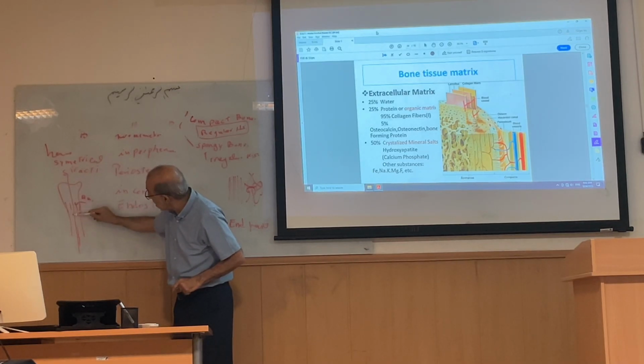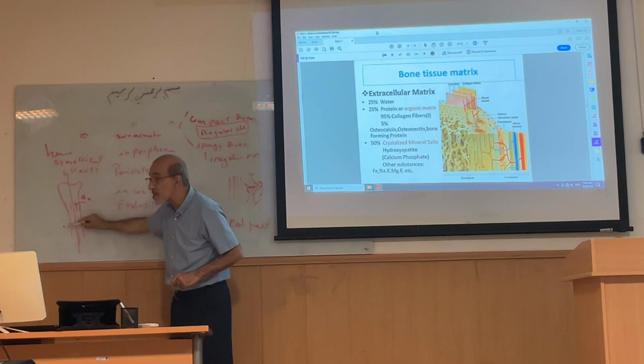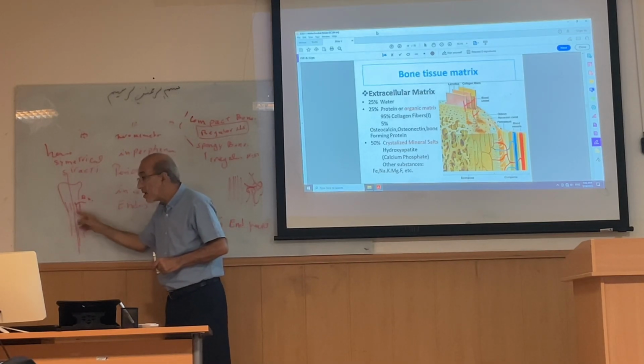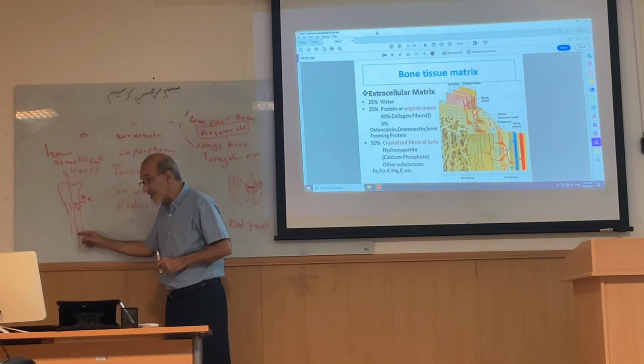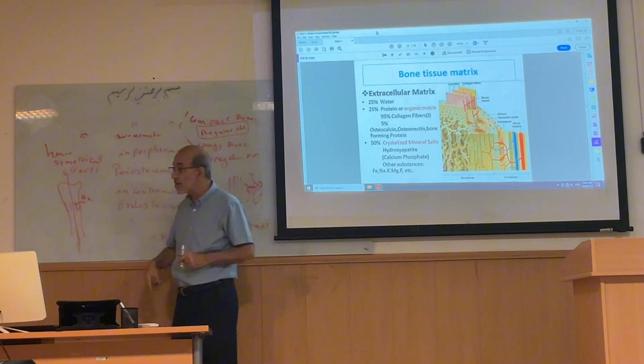In the middle is the bone marrow. Between the bone marrow and the central part is the endosteum. Peripherally, the periosteum. Endosteum covers spongy bone. Periosteum covers peripheral bone, compact bone.